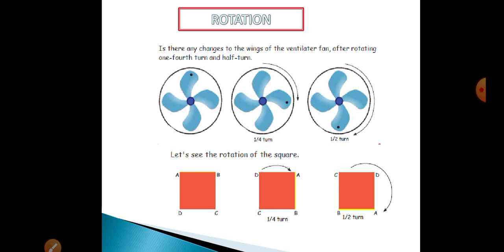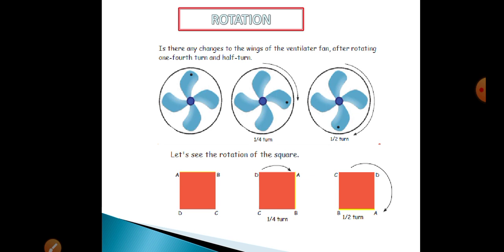Is there any change to the wings of the ventilator fan after rotating 1/4 turn and half turn? After taking 1/4 turn and half turn, the pointed blade of the fan moves from right to left in the clockwise direction.